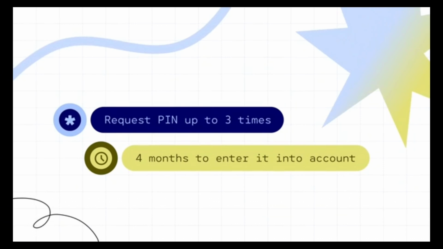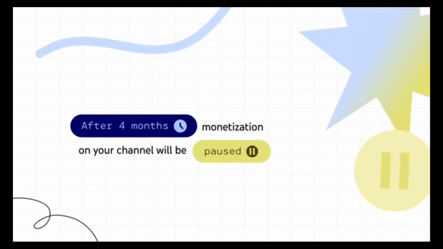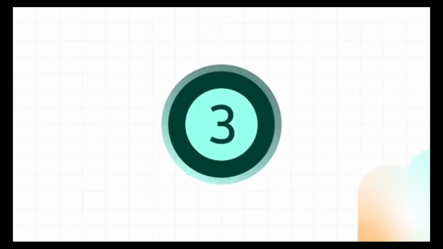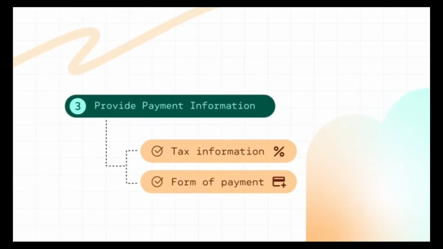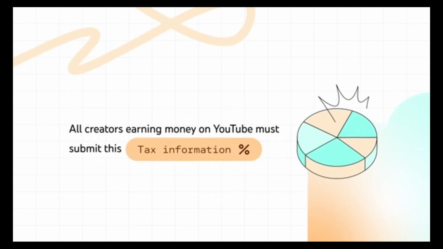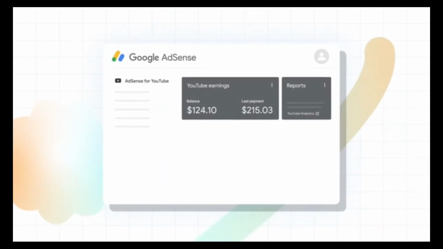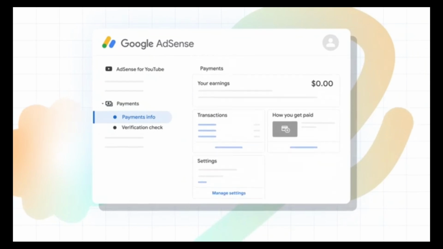Number three, target high value niches. I've already said that. But then again, do not force yourself to do high value niches if you are not passionate about them or you know nothing about the topics under those high value niches. Basically, content categories like finance, technology, and business often have higher CPM rates, and they usually start around $12, $15.